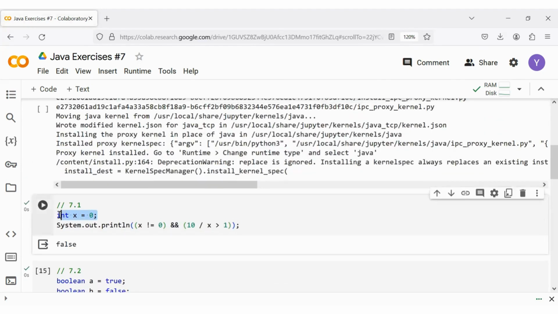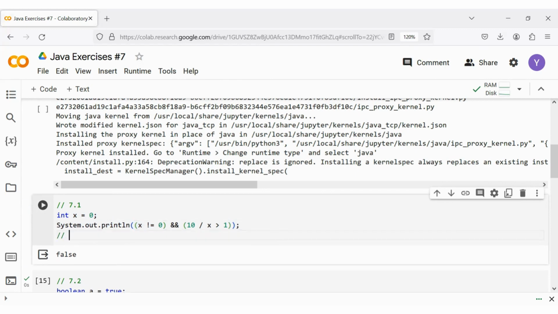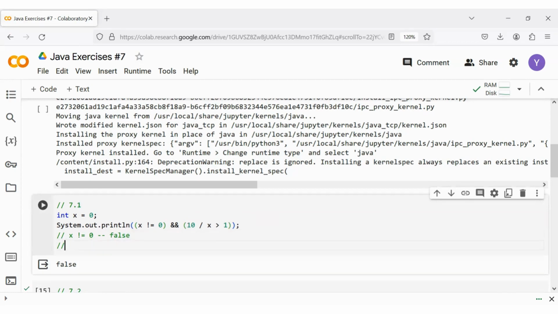It says integer x is equal to 0. So System.out.println x is not equal to 0. For this expression here, we know that x not equal to 0 is definitely false, right? Whereas for the second part, 10 divided by x, if you run this, you will get an arithmetic exception because we are dividing something by 0, since x is equal to 0.